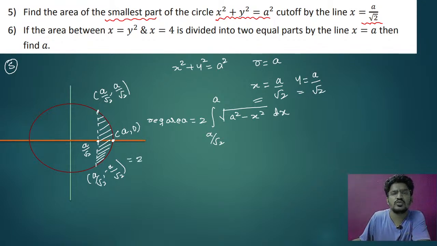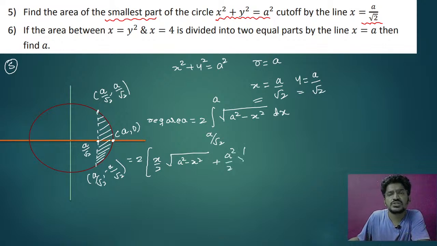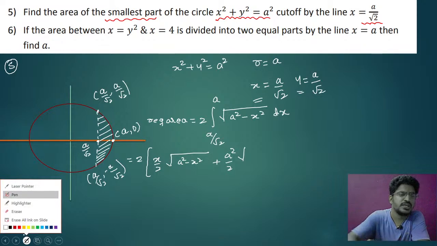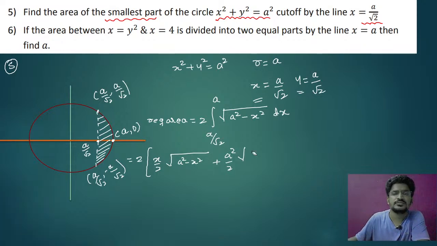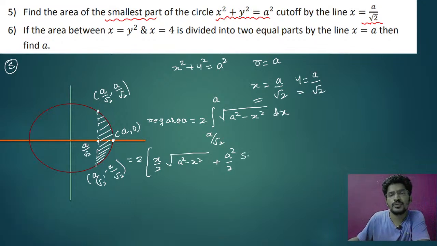So this will be 2 times of x by 2 square root of a square minus x square plus a square by 2 sin inverse of x by a. So please be careful while writing.